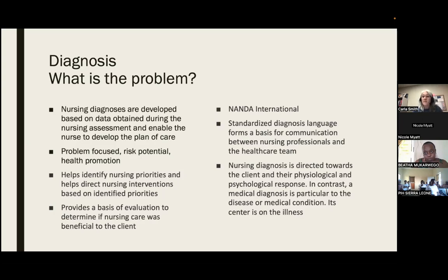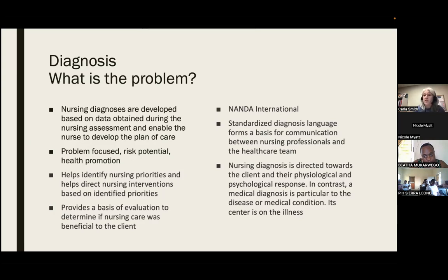And it forms a basis of communication, not just between ourselves as nursing professionals, but with the healthcare team itself. Nursing diagnoses are really directed towards the client's physiological and psychological responses. It is very different from a medical diagnosis because a medical diagnosis is very particular to a disease or medical condition, and it centers on the illness.